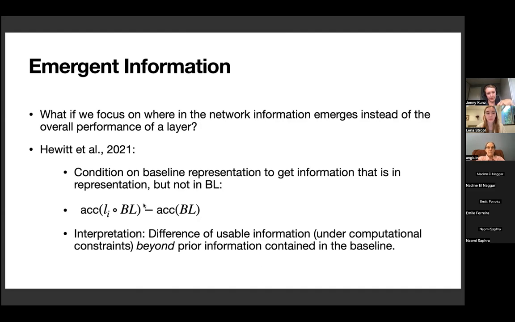So they have Li, the representation of, for example, the word in the current layer, and the baseline representation, and they concatenate the two, and then they subtract the accuracy of the baseline. And the interpretation of this is the difference of usable information beyond the prior information that is already contained in the baseline.